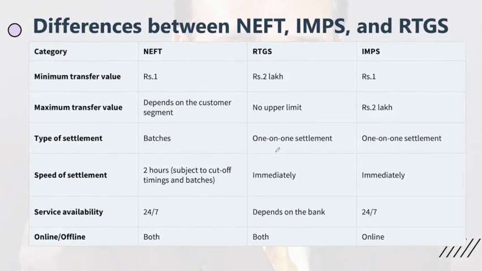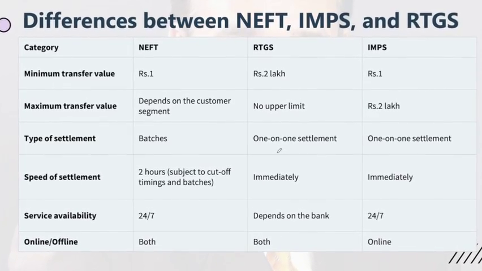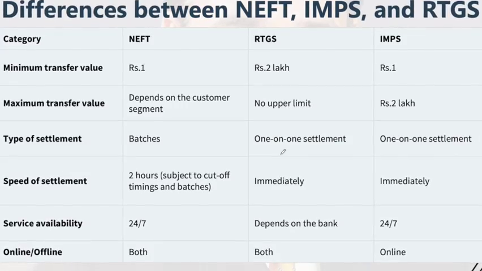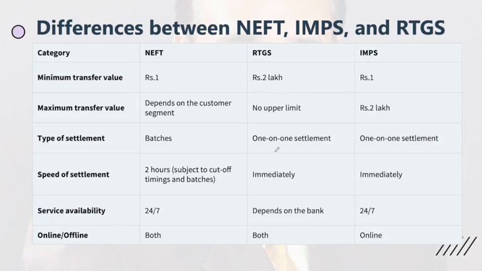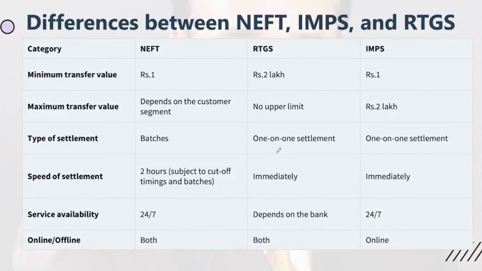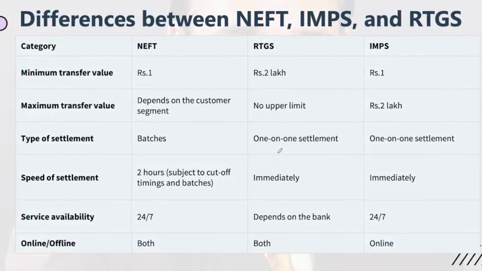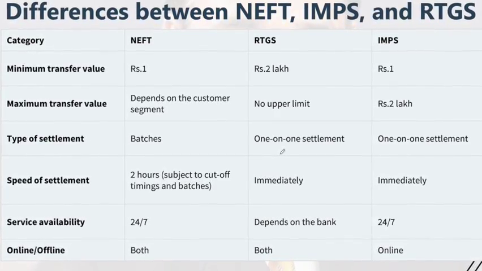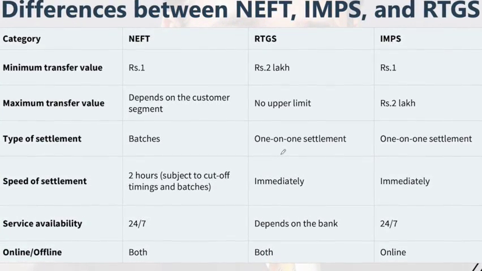RTGS happens immediately. IMPS also happens immediately. And it is 24/7 available. Please remember it. NEFT is also 24/7 available. RTGS depends on the bank. Some banks allow it on working days only, and the time also differs.